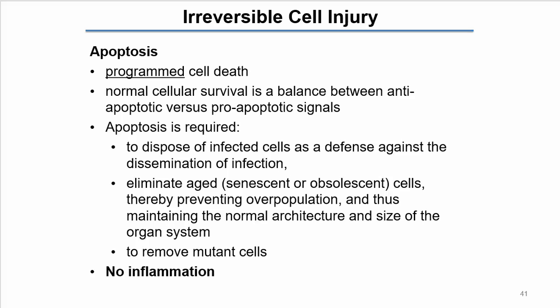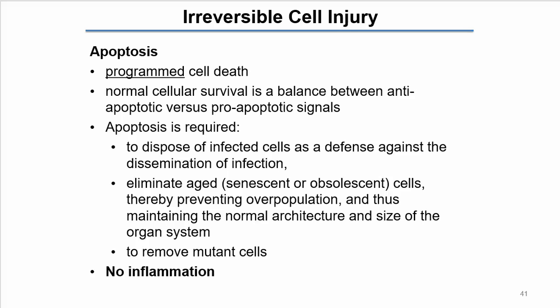Now, in a cell's life cycle, there's a constant balance between the need to keep on functioning and the need to commit suicide, to go away. And there's this balance between the anti-apoptotic signals and the pro-apoptotic signals.